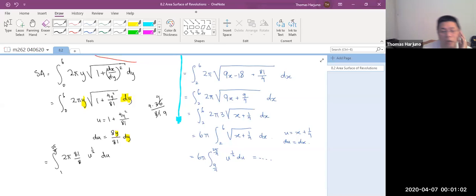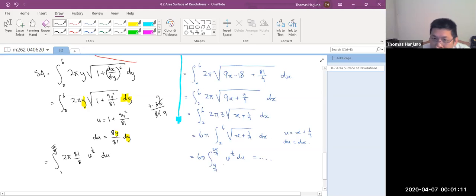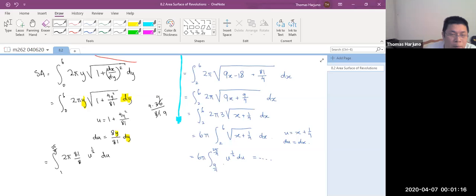Okay, let's do some integration. How many of you are willing to do the blue integral? Half, half. Okay, some of you do the blue one and some of you do the black one.